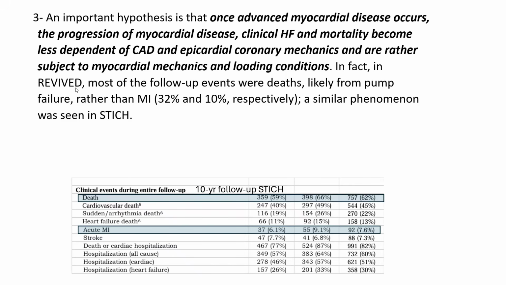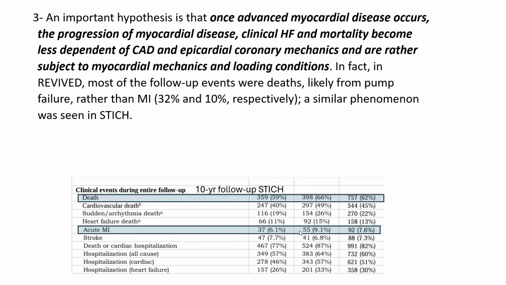In fact, in REVIVED trial, most of the follow-up events were death, likely from pump failure rather than MI. We had 32% death at 3.5 years and 10% MI. A similar phenomenon was seen in STICH. Look here, at 10 years, you had 59, 66% death, while acute MI was only 6 to 9% at 10 years.